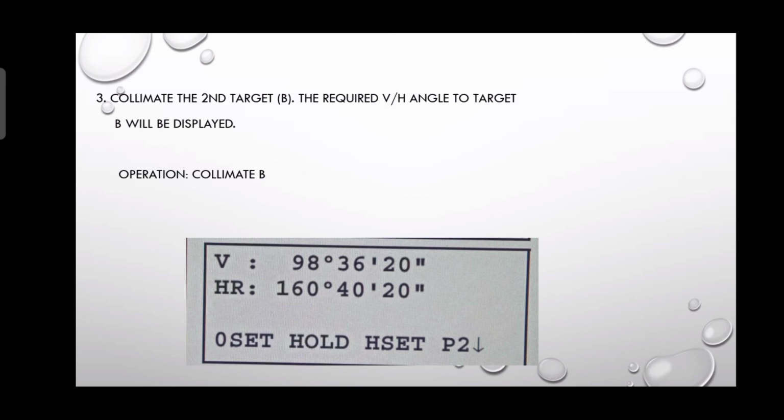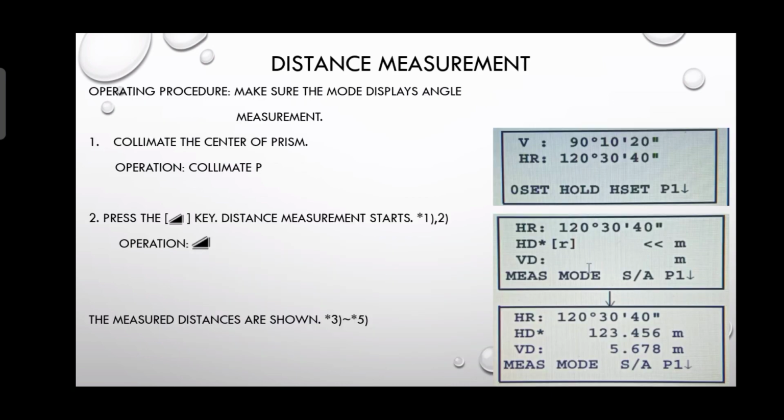Next is about distance measurement. Before starting this distance measurement, make sure the total station has the mode display set to angle measurement. First step for the procedure of this distance measurement is collimate the center of prism.